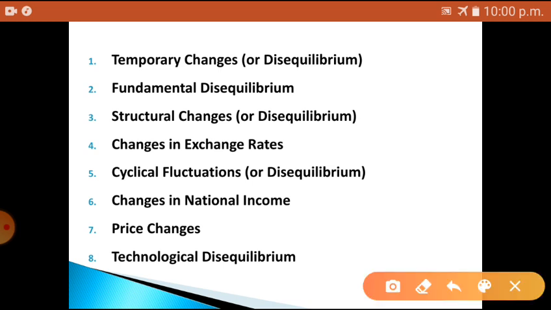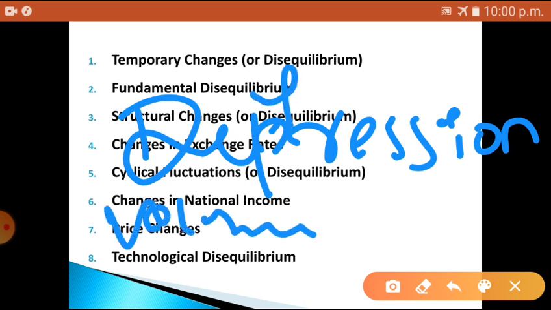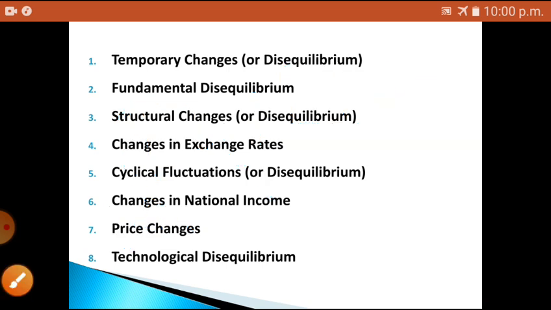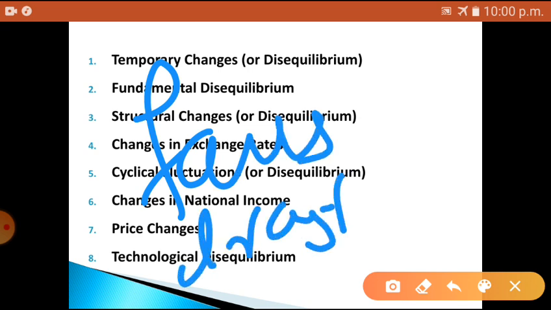Cyclical fluctuation means when there is a depression in a country, where the volumes of both exports and imports fall drastically in relation to other countries.